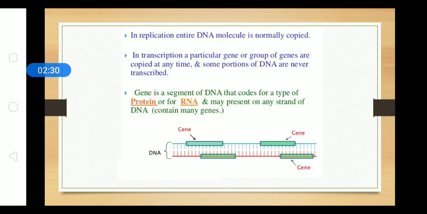In the replication process, the entire DNA molecule is copied, but in transcription the entire DNA is not copied. We see that in a DNA strand there are several parts like intron and exon, that is, there are coding parts and non-coding parts. Generally a gene is the expressible unit which is a part of DNA.